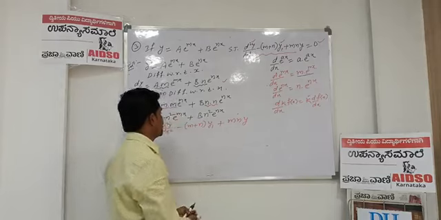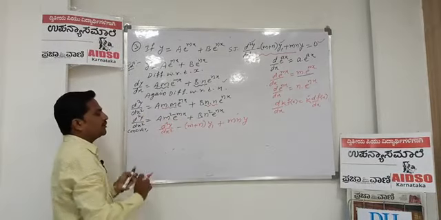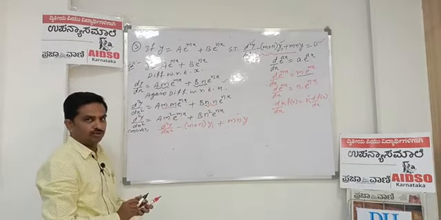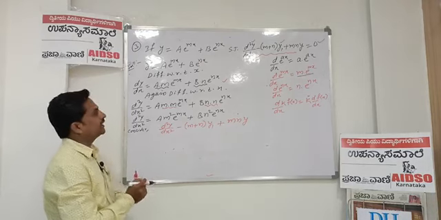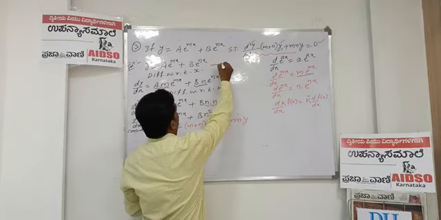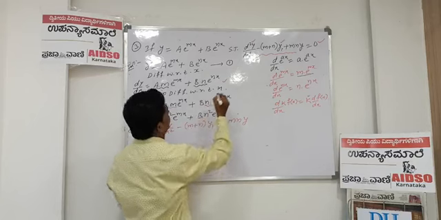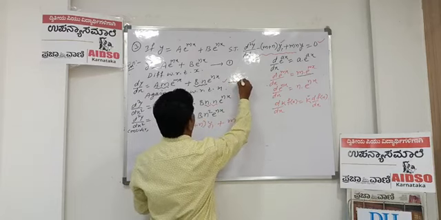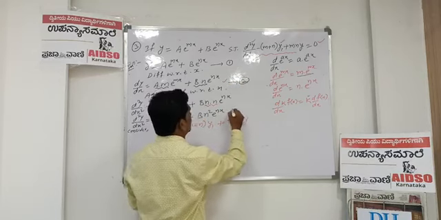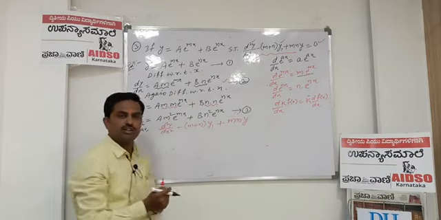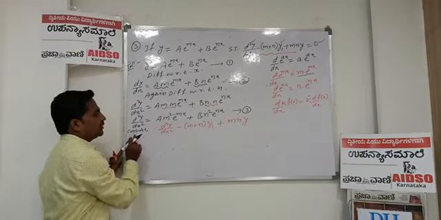That is the change we can make. So now, where do we take the d square y by dx square value from? Quite simple. The first you can take as equation 1, dy by dx you can take as equation 2, and this d square y by dx square you can take as equation 3.